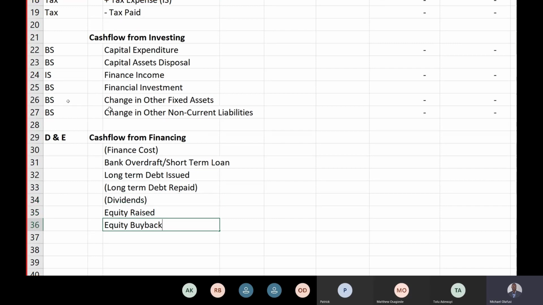Buyback will also be minus. I'm just doing this so that you can see the direction of cash, but you don't have to always write it like this in your statement.